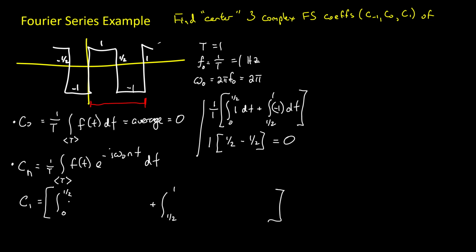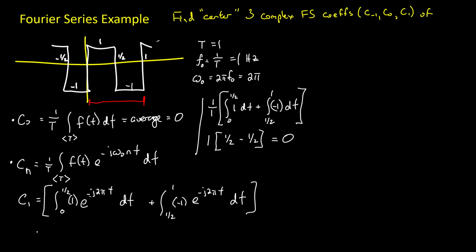So in this first region, the function is 1. We have e raised to the minus j omega naught, which we said is 2 pi, and since we're doing it for c sub 1, our n is 1, t dt. In the second integral, it's the same thing, except now our f of t down here is negative 1. And the rest stays the same.